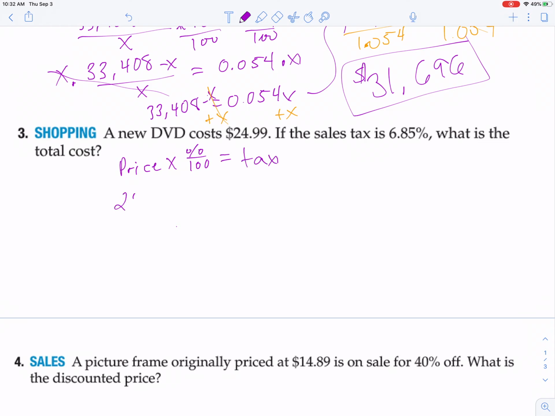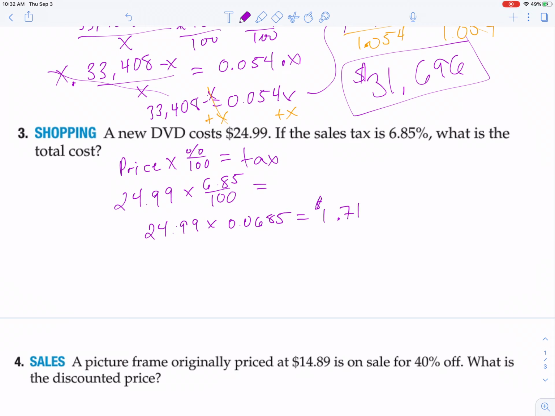So if the price is $24.99 times 6.85 divided by 100, that'll tell me how much the tax is. So $24.99 times 0.0685 is going to give me $1.71.